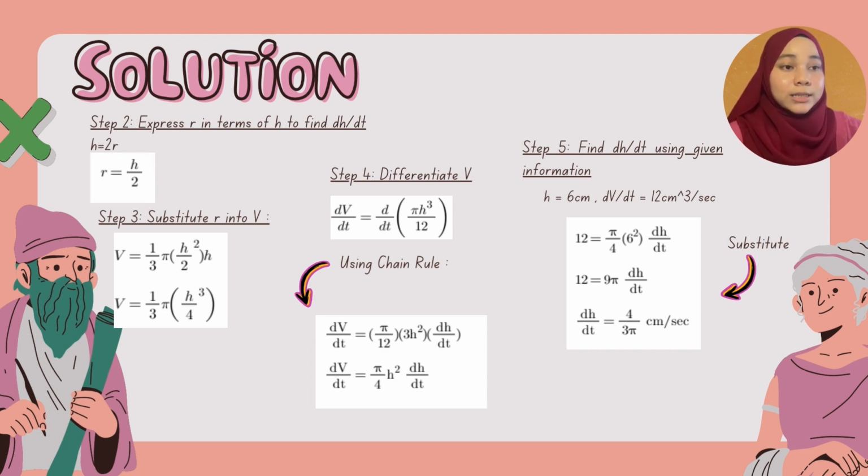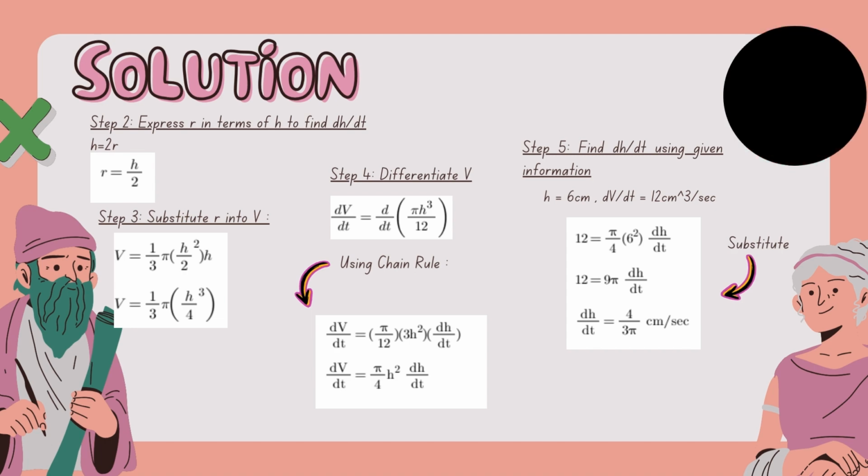Then we just need to substitute the information given into the formula that we differentiated just now, which is 12 is equal to pi over 4 times 6 squared dh over dt, and then we get 12 is equal to 9 pi dh over dt, and then we simplify it to get dh over dt is equal to 4 over 3 pi centimeter per second.